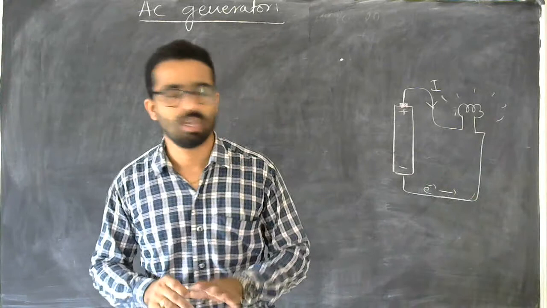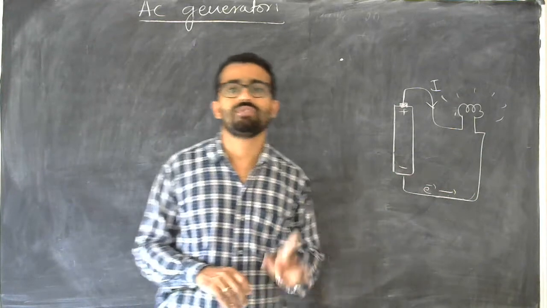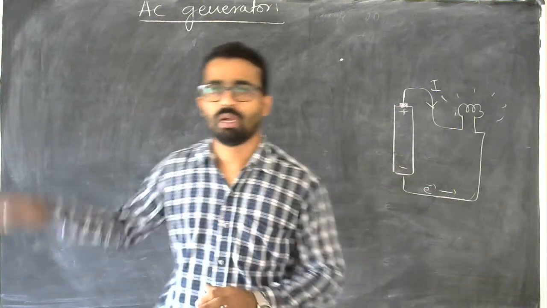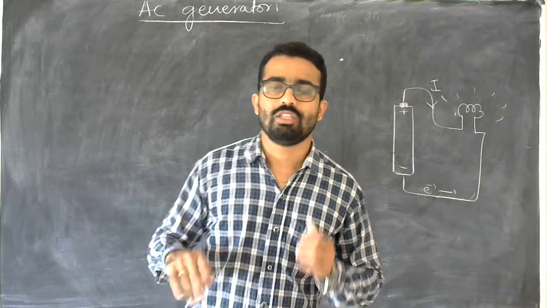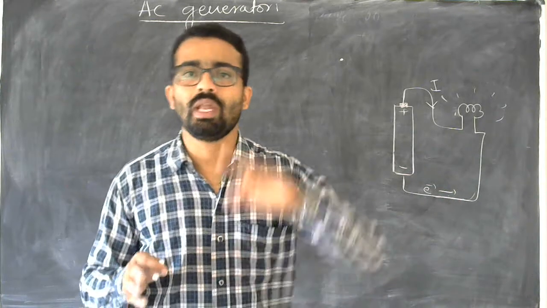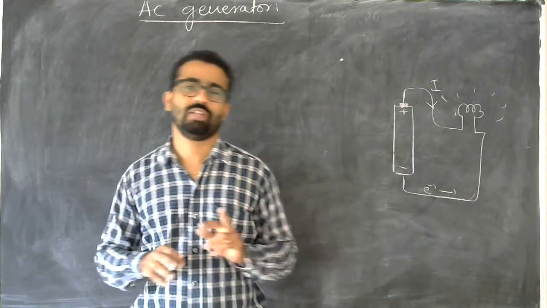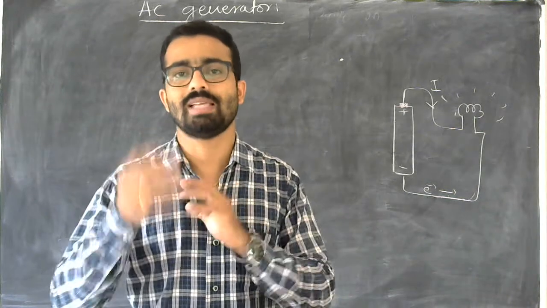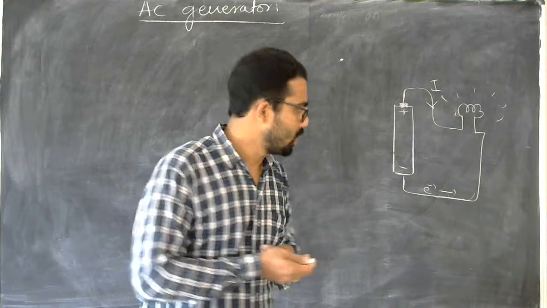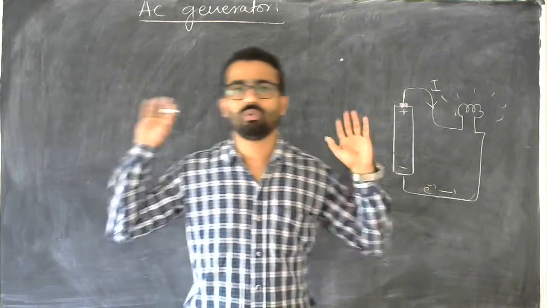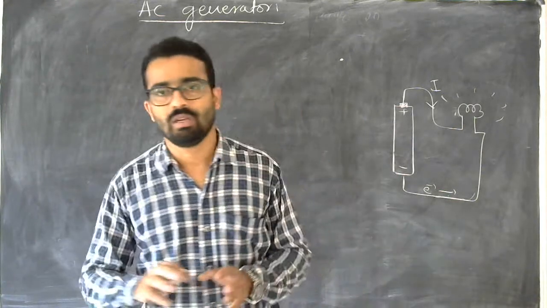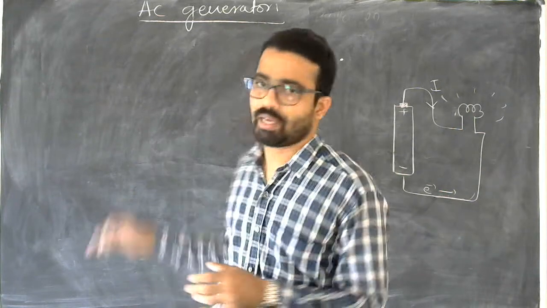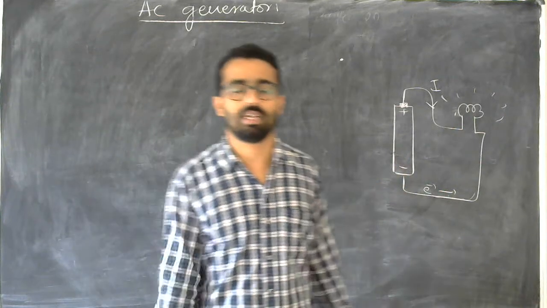In DC, all the charges flow in a particular direction. But in AC, the charges move in both directions. That is why it is called alternating. It changes as time elapses. So these are the two kinds of energies: alternating current and direct current.